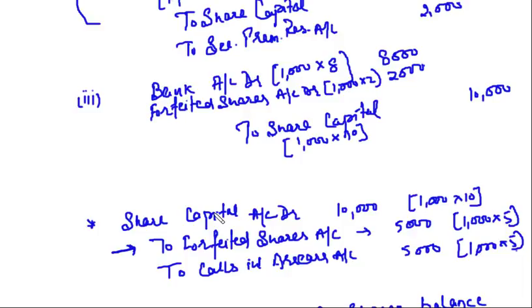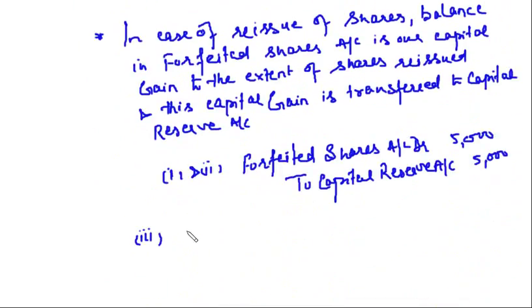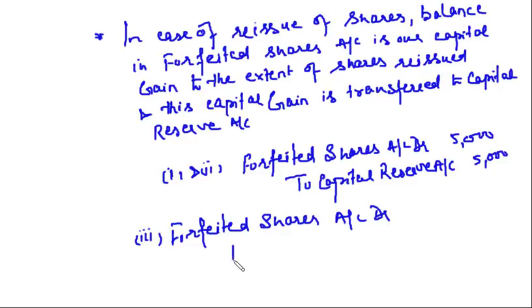Now what you do, you take out 2,000 from that pocket and keep it in your first pocket. So what is left in the second pocket? 3,000. So 3,000 will be transferred to capital reserve. Forfeited shares account debit to capital reserve, 3,000.